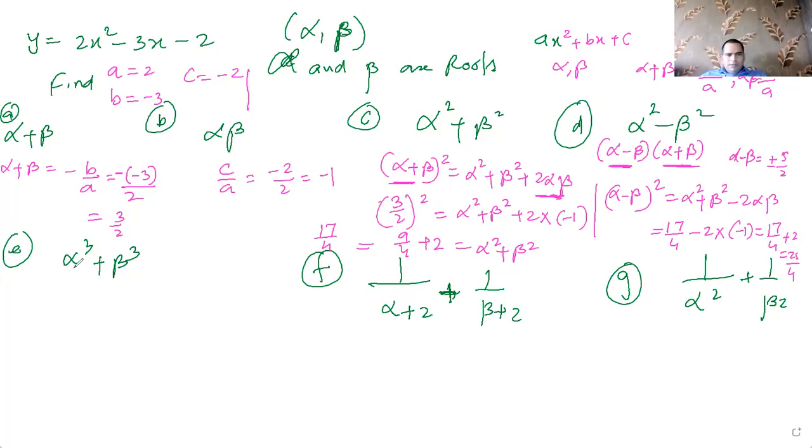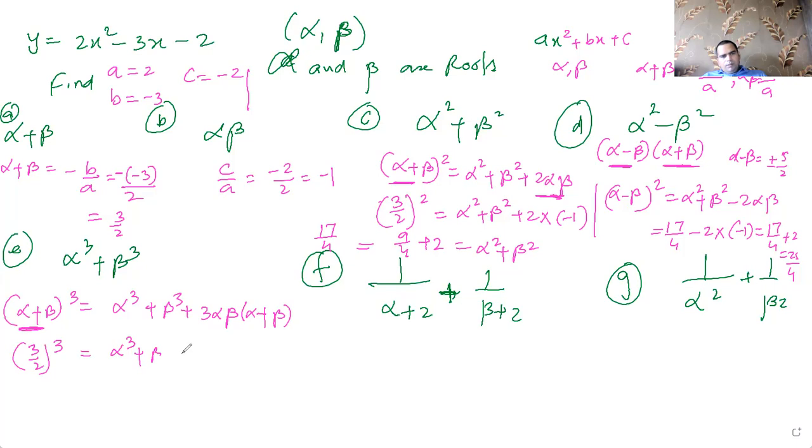Now coming to alpha cube plus beta cube, you will use this identity: alpha plus beta, the whole cube, equals alpha cube plus beta cube plus 3 alpha beta times alpha plus beta. Since we already have this value, 3 over 2, the whole cube, equals alpha cube plus beta cube plus 3 alpha beta, which is negative 1, times alpha plus beta, which is 3 over 2.